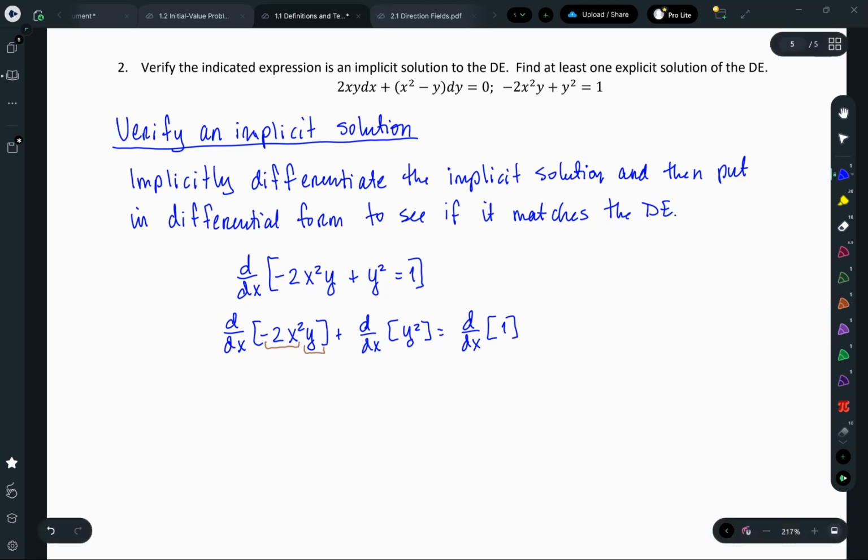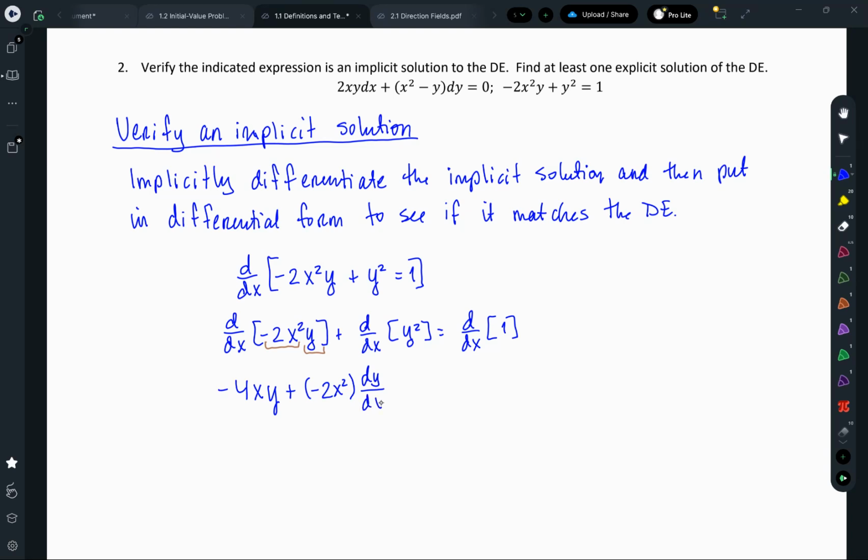So the derivative of minus 2x squared is minus 4x times the second thing, which is the y, plus the first, which is the negative 2x squared, times the derivative of y with respect to x, which is dy dx. I'll clean that up in a minute. Plus, now the derivative of y squared, I have to recognize that I have a power rule there. So I'm going to go ahead and take the derivative of the power rule.